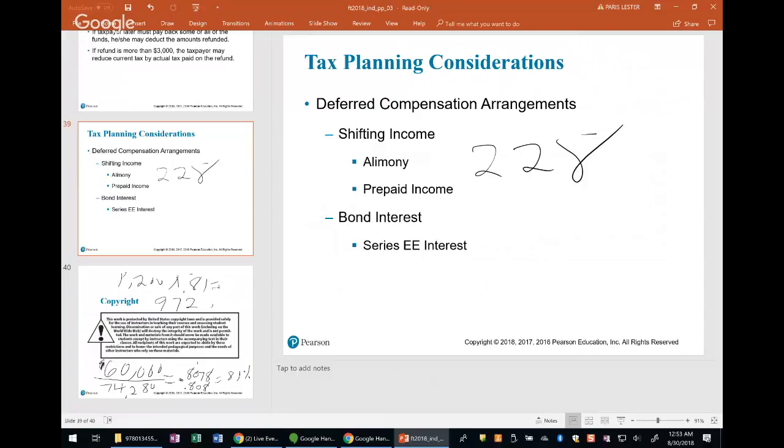Now take that 45.8 over to the back. That's where we are. All right, now, the standard deduction was how much?